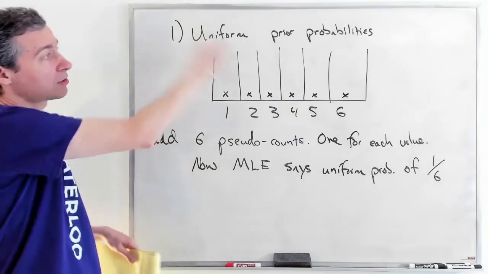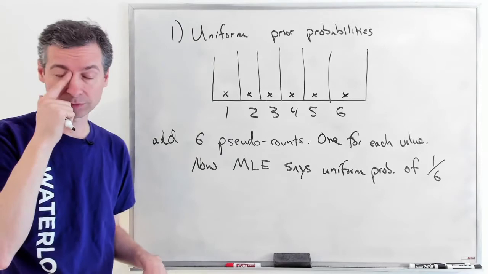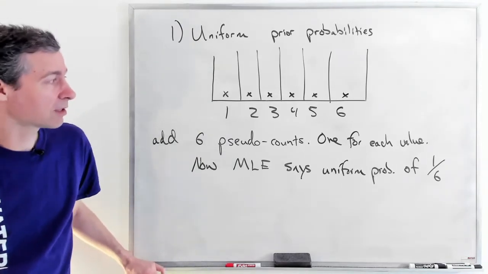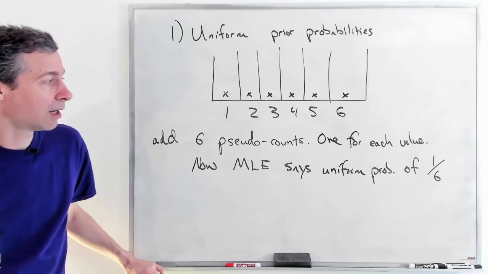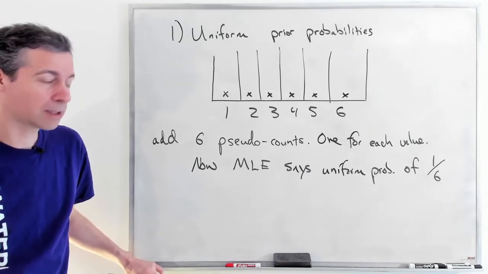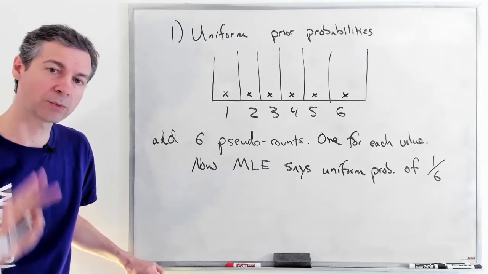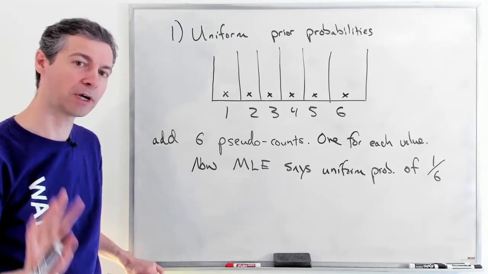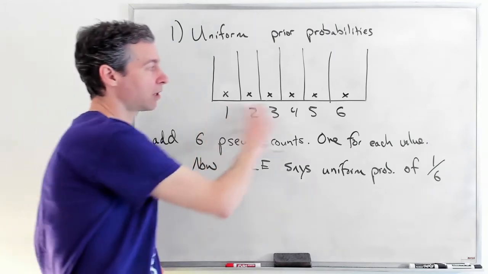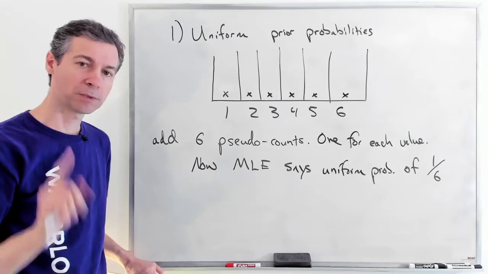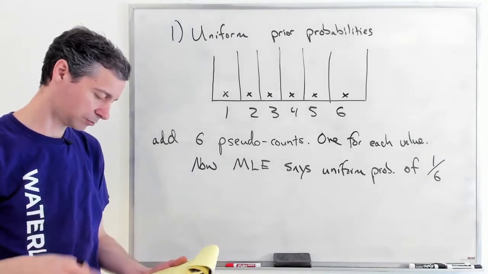So I'm going to stay on this uniform prior probabilities for a little bit. What's interesting about this is I start here. This is what I could go with when I know nothing about the die. These are my pseudo counts I've added.